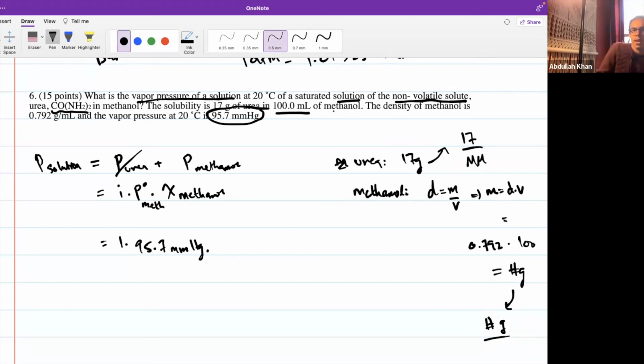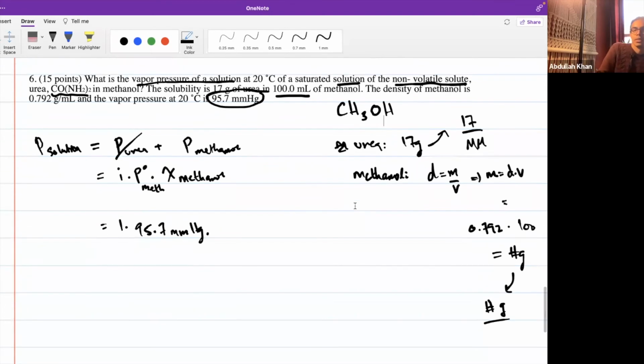I'm surprised that they haven't given you the chemical formula of methanol here, but in case you don't know, this is it, CH3OH. I don't think you should memorize that, which is why I'm surprised they haven't given it to you, but whatever. So that molar mass goes down here, and then you know how to take the mole fraction of methanol.